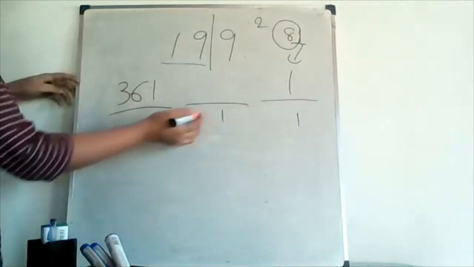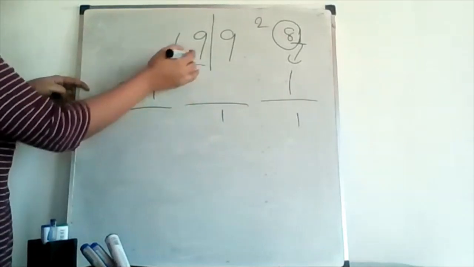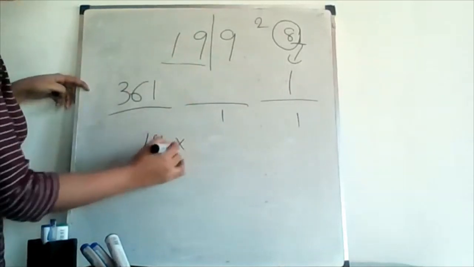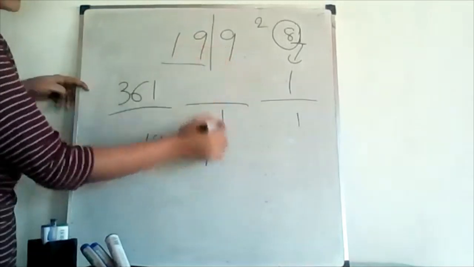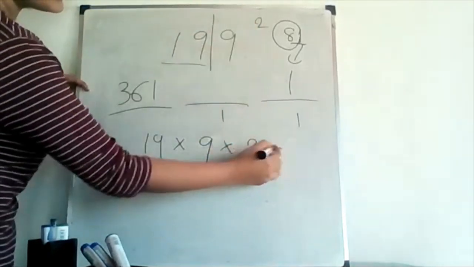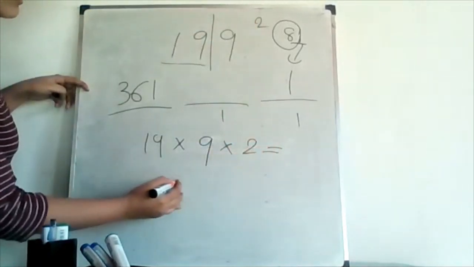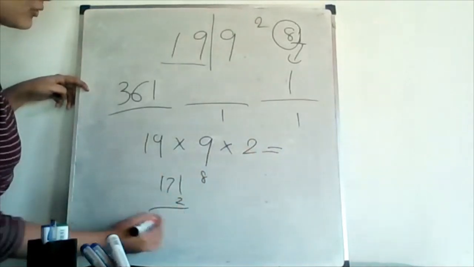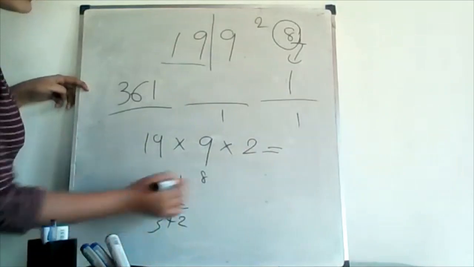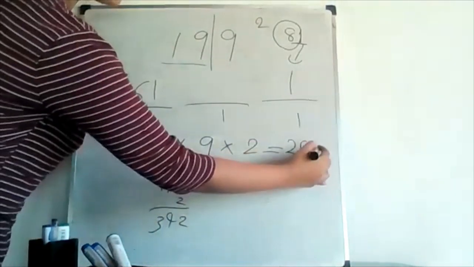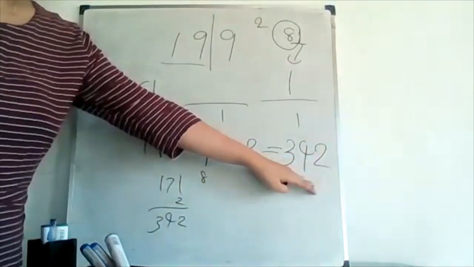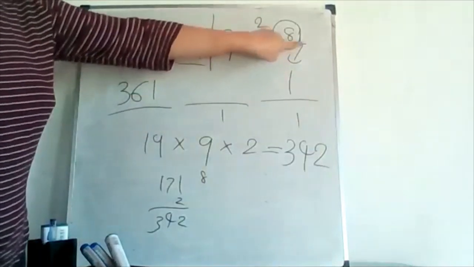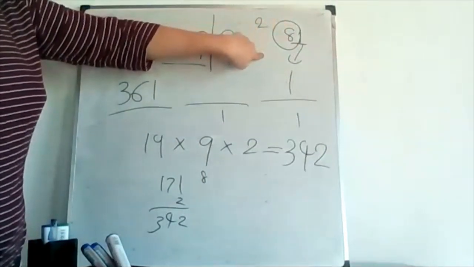That means for that we have to multiply this 19 by this 9 and after that by this 2. So 19 into 9 means 171, then by 2, that means 342 here. So here the value is 342 and here guys, I guess you all can remember 8 was remained here.